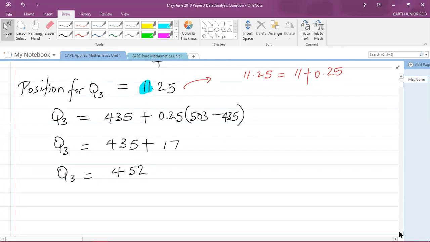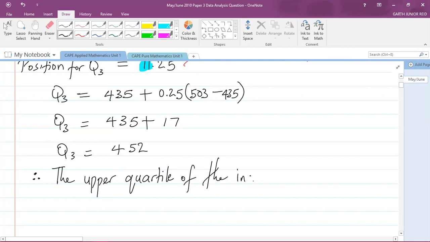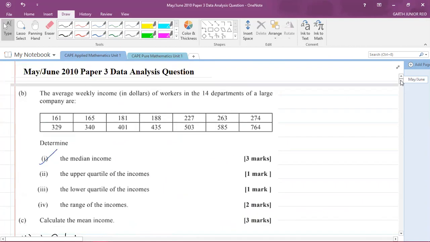So I'm now going to write a statement: therefore the upper quartile of the incomes is $452. That is my answer for part 2 of B.